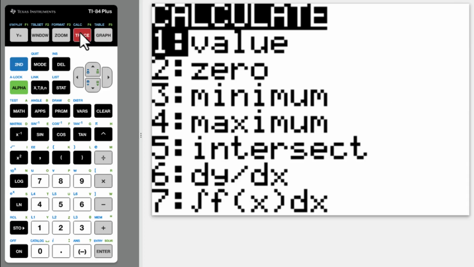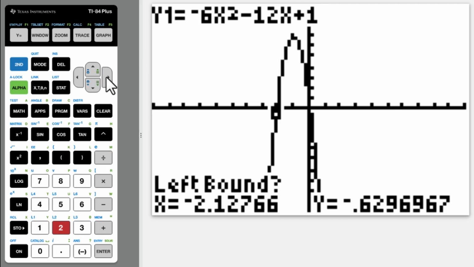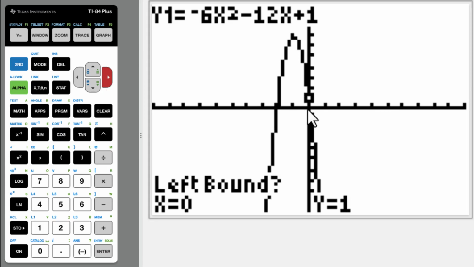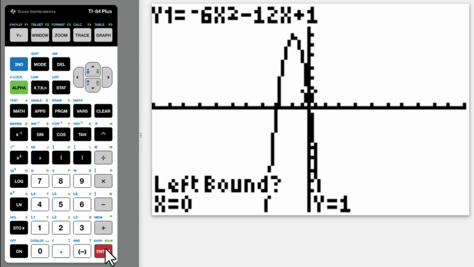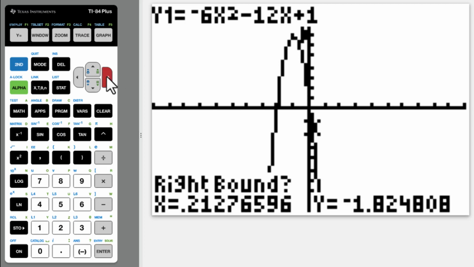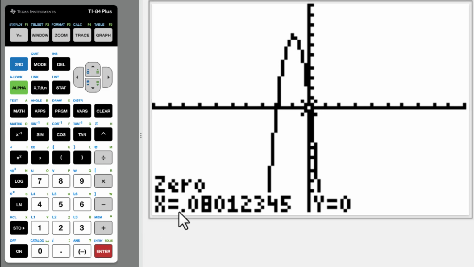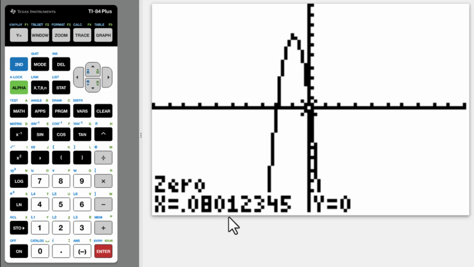Then second trace again, 0. Move the arrow to the left side of this x-intercept. Enter. Right side. Enter. Answer is 0.0801 to 3 sig figs.